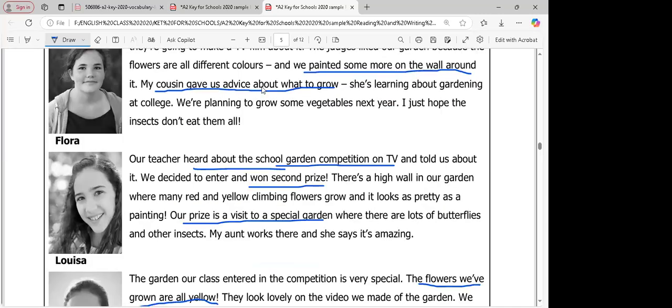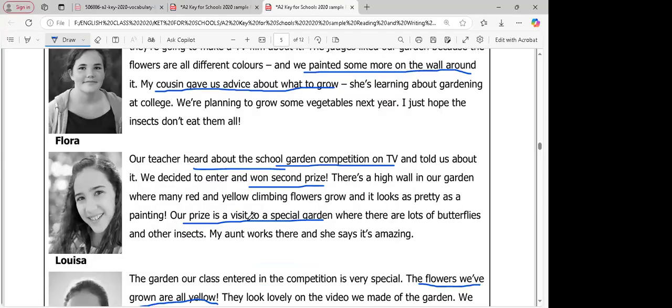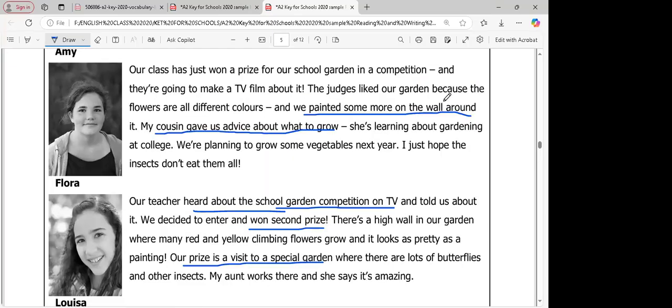And then the 10th answer, whose class painted flowers on their garden wall? What was your answer? B. I have not seen anything about painting in B, but A mentioned it, I guess. Amy mentioned, we are planning to grow some vegetables.